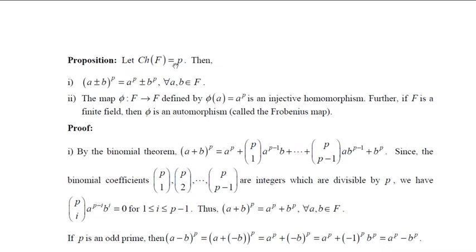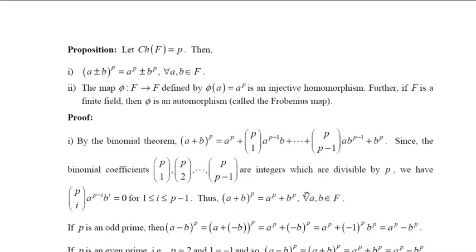Therefore all these become 0. So simply what remains is a^p + b^p. So we have proved (a + b)^p is a^p + b^p for all a and b coming from field F.